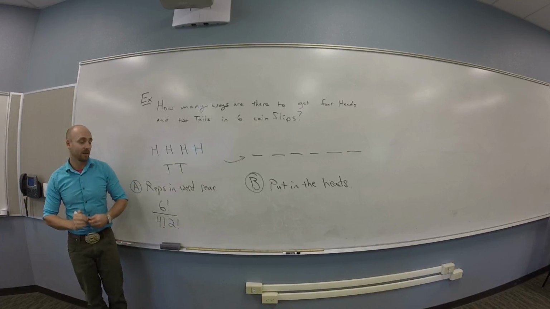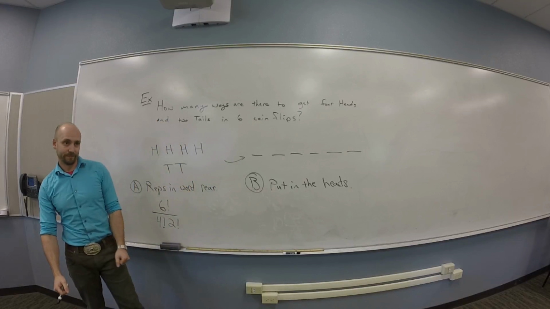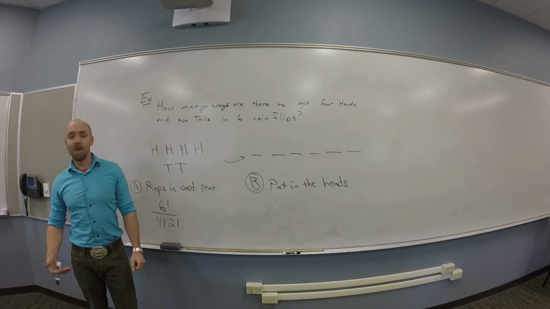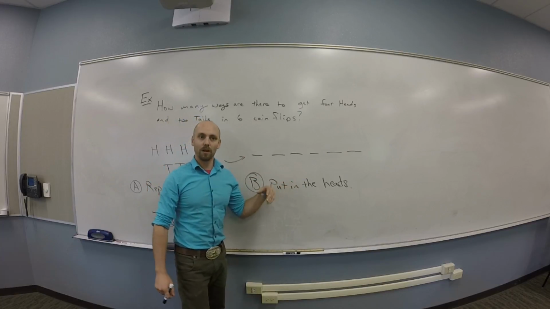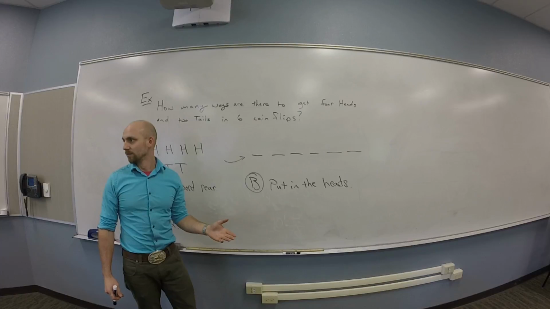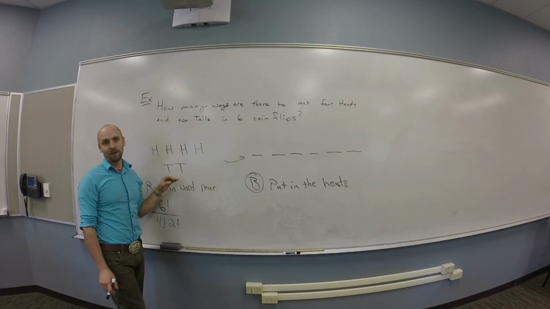Another way to get there would be to think about, what if we just put in the heads? We're just going to pick the slots where the heads go, and the tails will just fill themselves in afterwards. Once I've accounted for all the heads, there's only one way for the tails to go in.